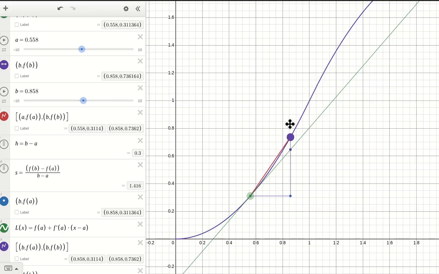But as we move them closer, this red line is going to move closer and closer to the green tangent line, which is what we want.